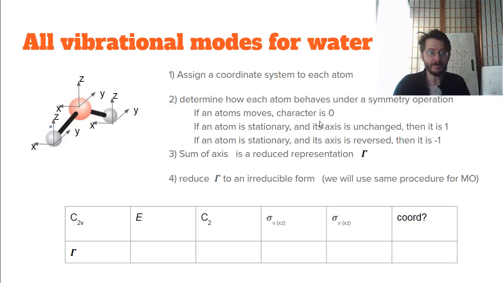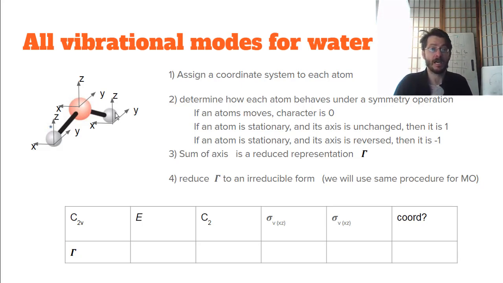Again, look at the coordinates. Let's do a symmetry operation: identity. We take a look at the identity, and if the atom moves, the character is 0, so it contributes nothing. We have 3 atoms, and if they had moved, they would all contribute nothing to this symmetry operation.